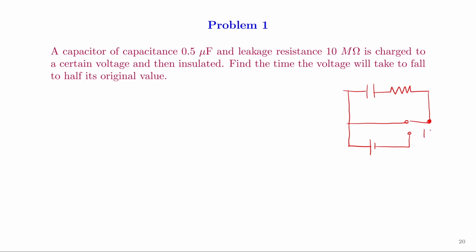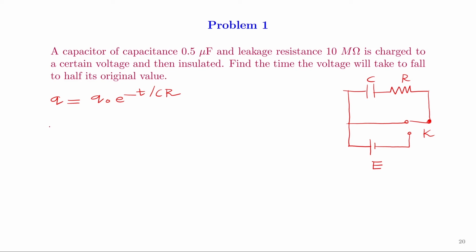So this is the key, C, R and E. When the capacitor of capacitance C is discharged through a resistance R, the charge on the capacitor at time t is given by q equal to q0 e raised to minus t over CR.